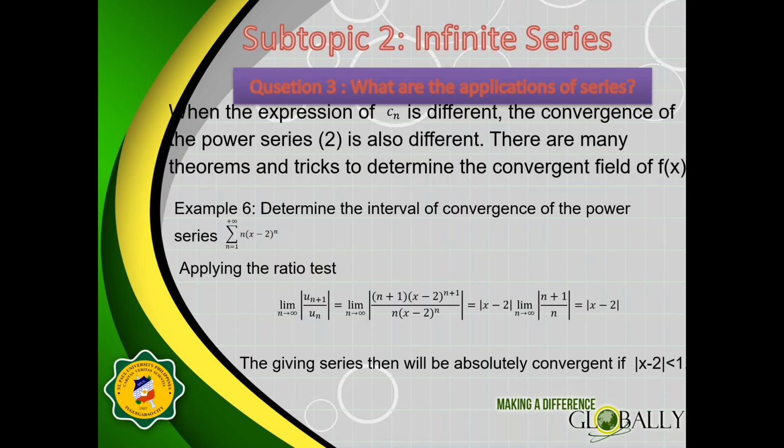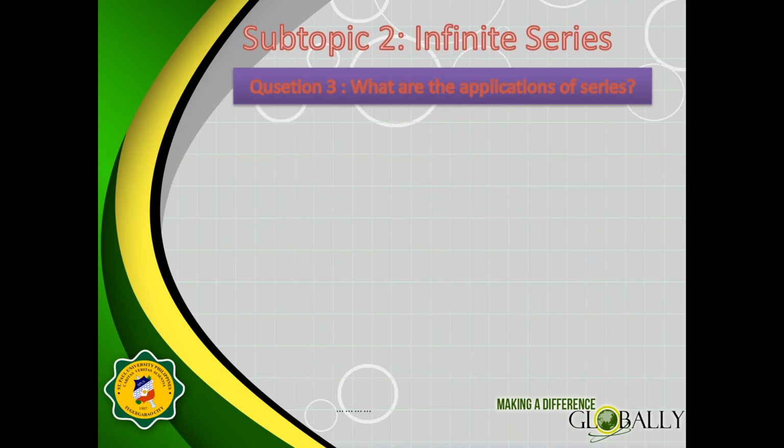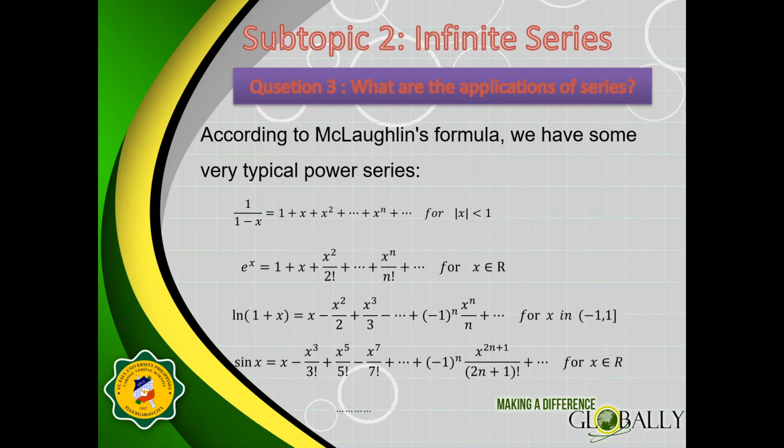We know the given series will be absolutely convergent if the absolute value of x subtract 2 is less than 1. According to the Maclaurin's formula, we have some very typical power series here. And we know the interval where they are convergent, right?